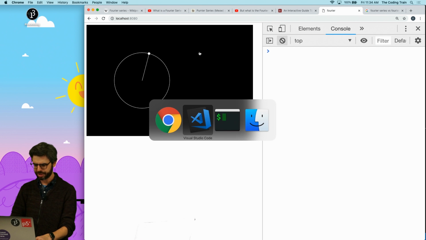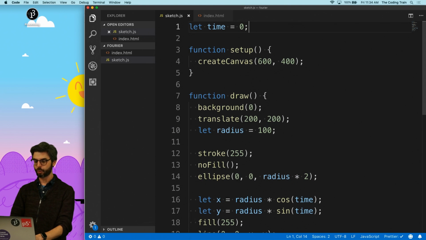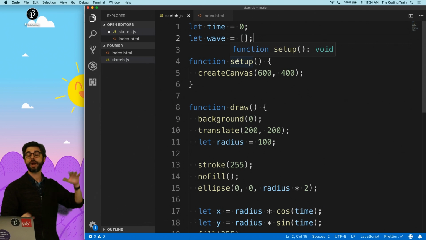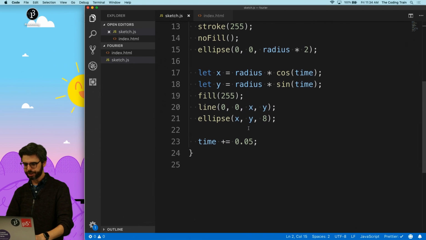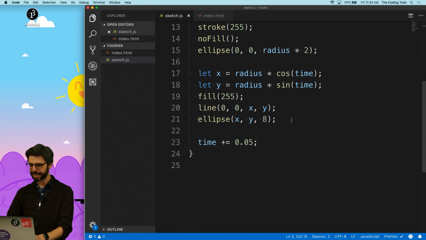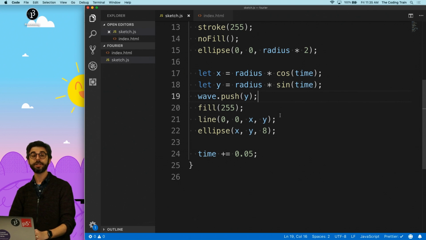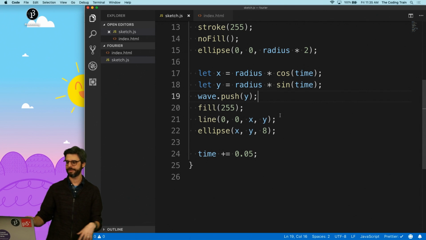The way that I'm going to do that is I'm going to add an array to my code. I'll call it wave. It's going to be an empty array. Every time I calculate a new Y value, I'm going to say wave push Y, so I'm saving that particular Y value.